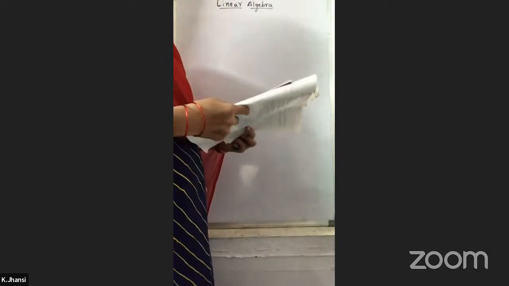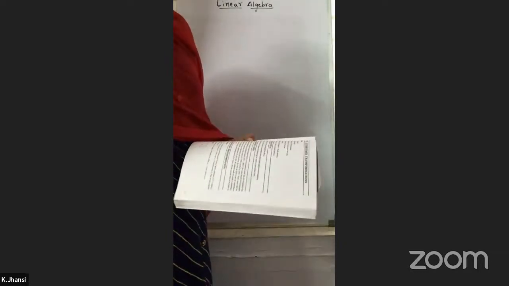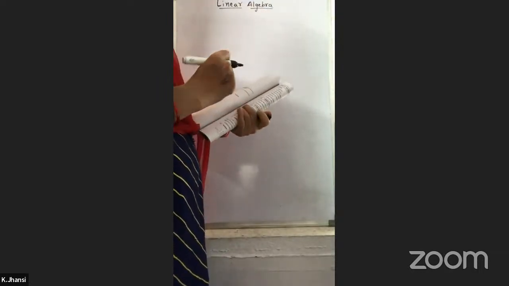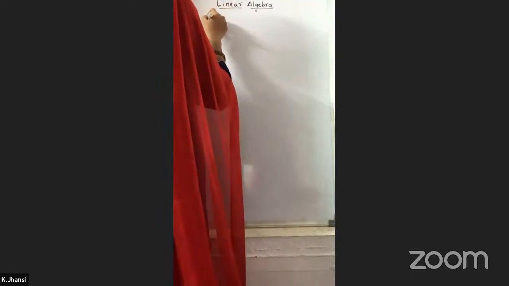You know the Gauss elimination method and the Gauss Jordan method. With the help of those also we can find the rank of the matrix. Similarly, by converting the given matrix into echelon form or normal form, you can find the rank of the matrix.